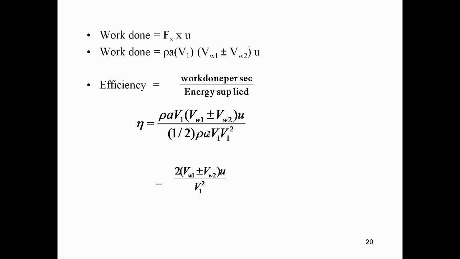After simplifying, rho A cancels and V1 cancels, and the 2 moves into the numerator. So we get 2 (Vw1 plus or minus Vw2) into u by V1 square. This is the efficiency formula.